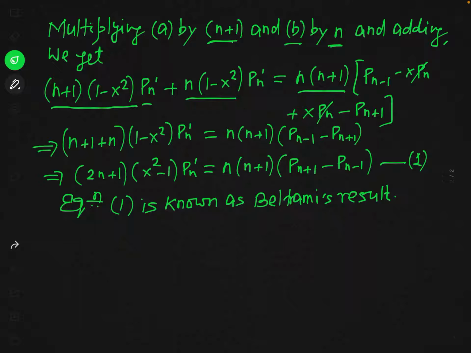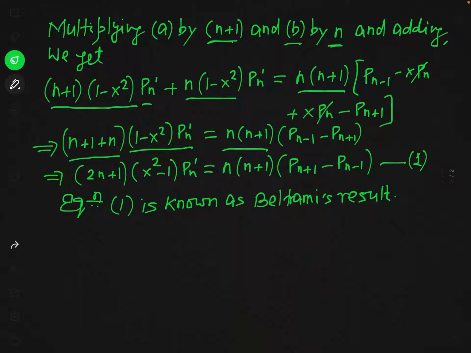And in this LHS, let us take this (1 minus x square) Pn dashed as a common factor. So in the first term there will be n plus 1, and in the second term only n remains left. So this is (n plus 1 plus n) into (1 minus x square) Pn dashed, and that is equal to, you can see here, n into (n plus 1) into (Pn minus 1 minus Pn plus 1).